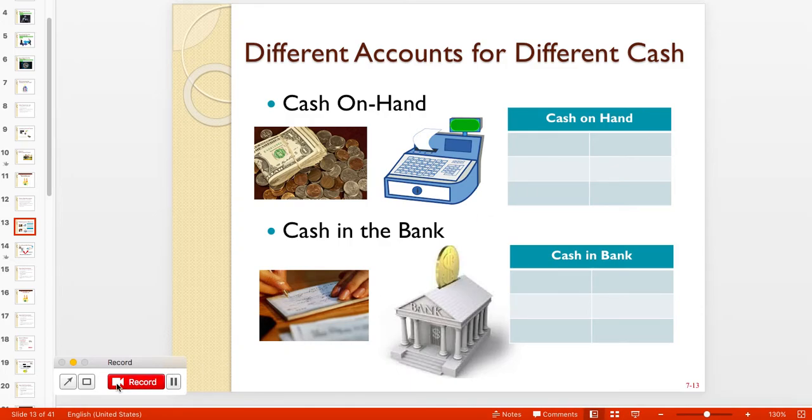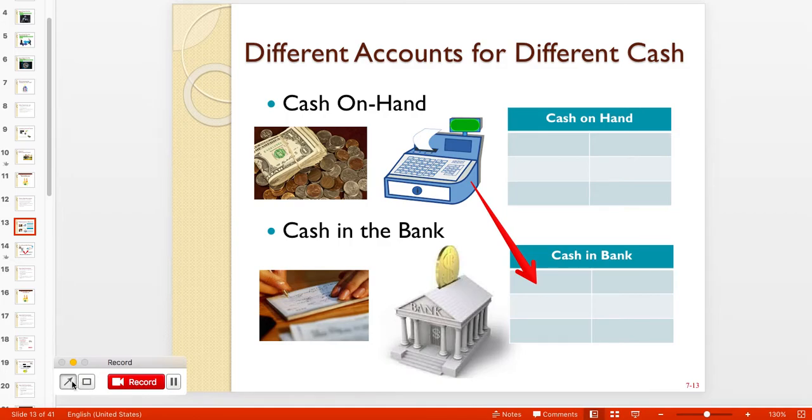We also keep track of the cash that we have in the bank using a separate cash account. That cash account looks at both the ins and the outs as well. The ins would be any deposits that we make to our bank account. When we receive cash from our customers, or if our cash register gets too full, we put that in the bank.